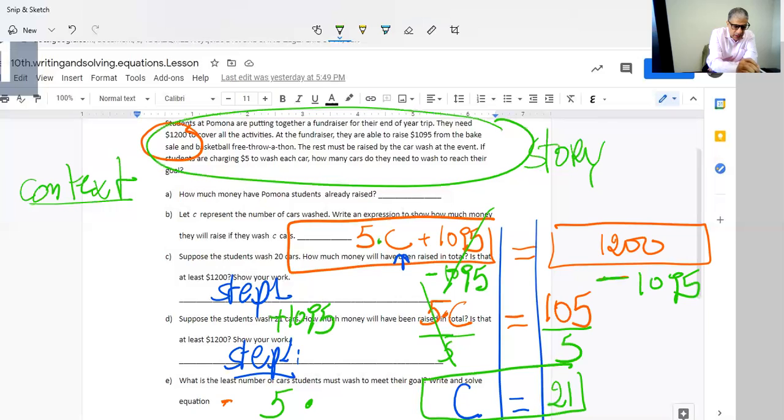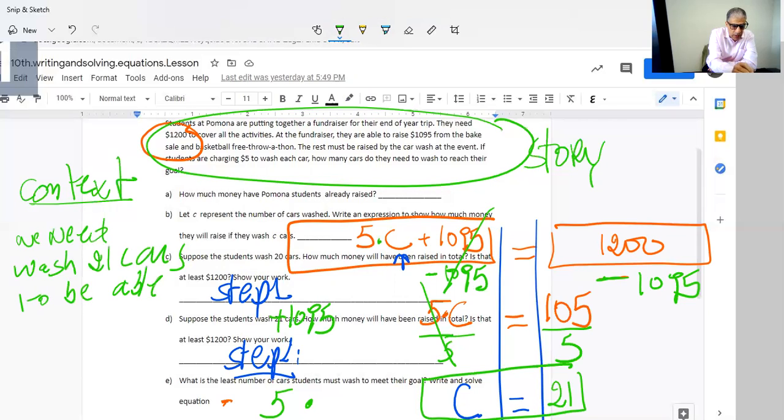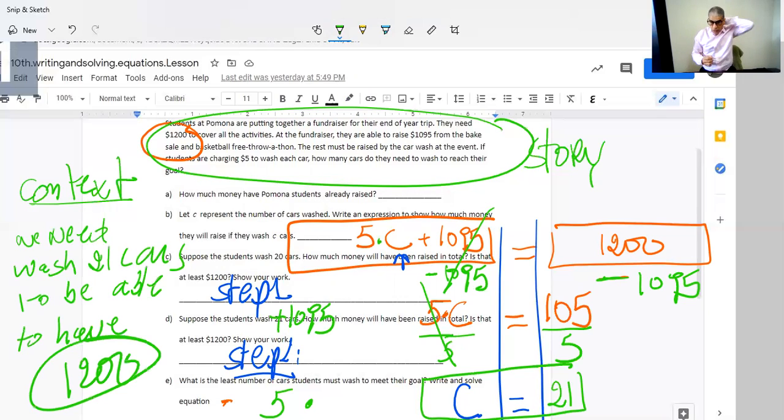It means in context that Pomona students need to wash 21 cars to be able to have the money they need, to be able to have the $1,200, okay? So that's what it means in context. We need to wash 21 cars to be able to have the money to take the trip, okay?